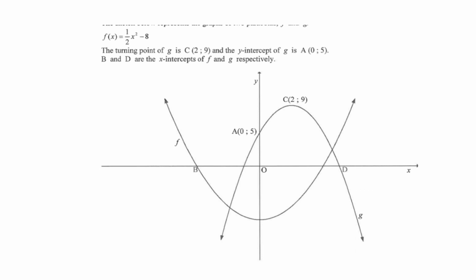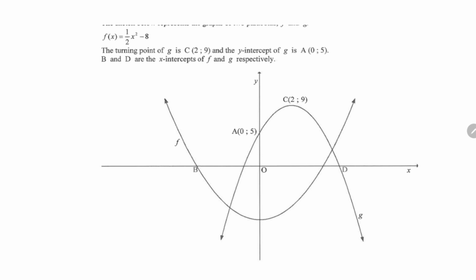Question 6.4.1 says use the graphs to solve for x if f of x is greater or equal to 0. If this graph f is greater or equal to 0.